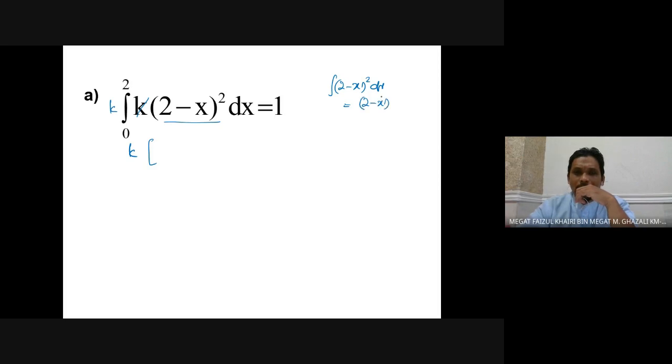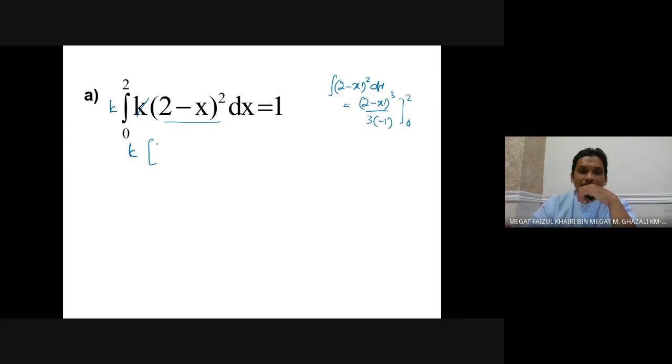So class, take out the k, it is a constant, take it outside. So k integral of (2 minus x) squared with respect to x equal to 1. For this one, you may use integral of (2 minus x) squared dx equal to (2 minus x) to the power 2 plus 1 equal to 3, divided by 3, and differentiate 2 minus x, negative 1, from 0 until 2.